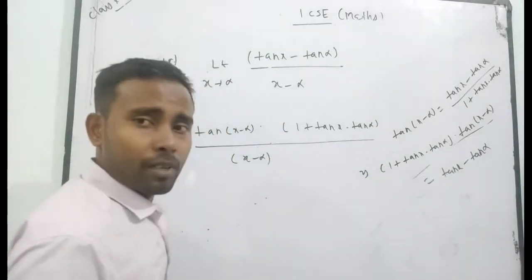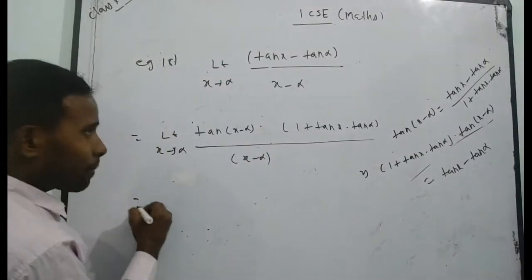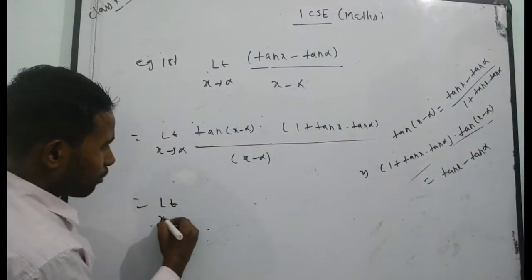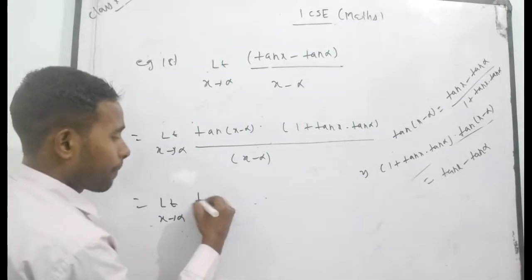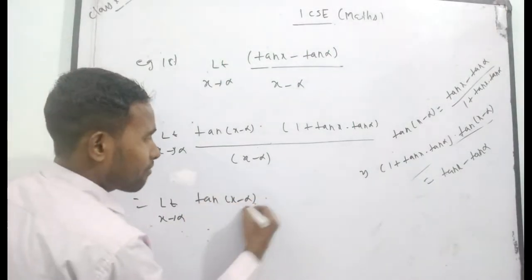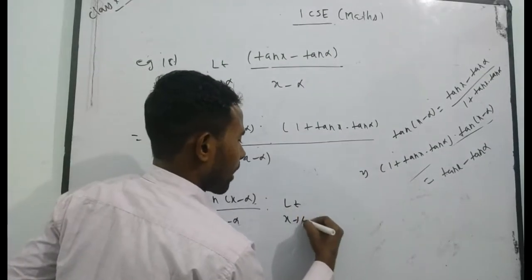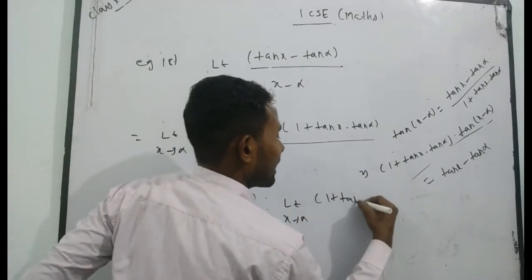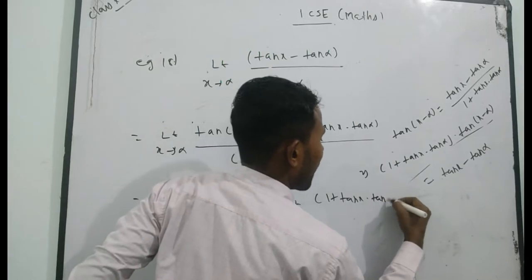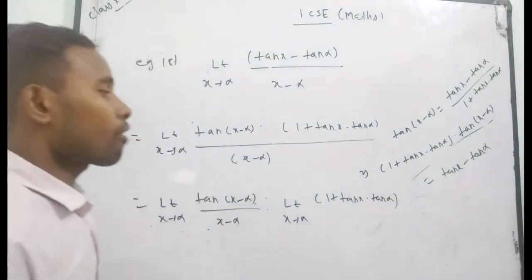Can you write? Now, I want to resolve this limit in two parts. Can you write? Limit x tends to alpha tan(x minus alpha) divided by x minus alpha, into limit x tends to alpha (1 plus tan x tan alpha), using algebra of limits.